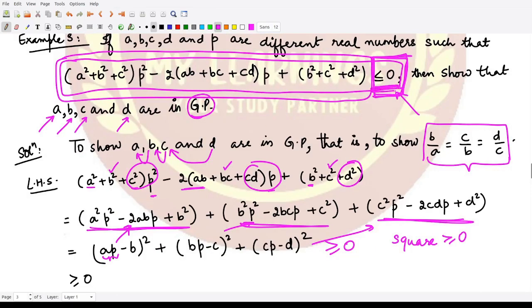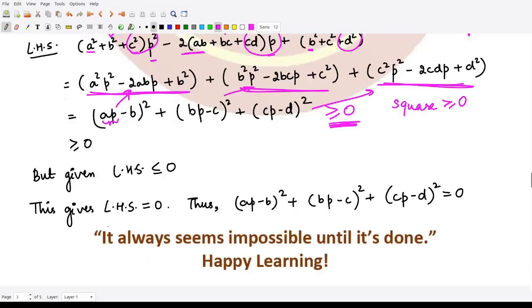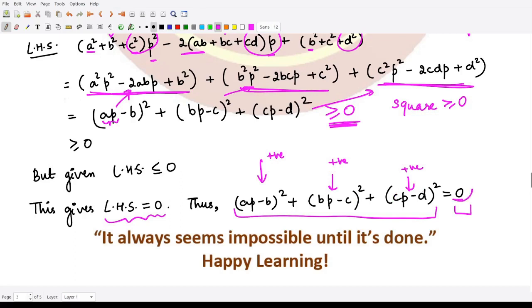We have equality here also. So that implies that this left hand side is equal to 0. Thus the whole of this thing is equal to 0. However, this is a positive quantity, this is also positive and this is also positive. When you add three positive quantities, it would be a positive quantity, so how can it be 0?